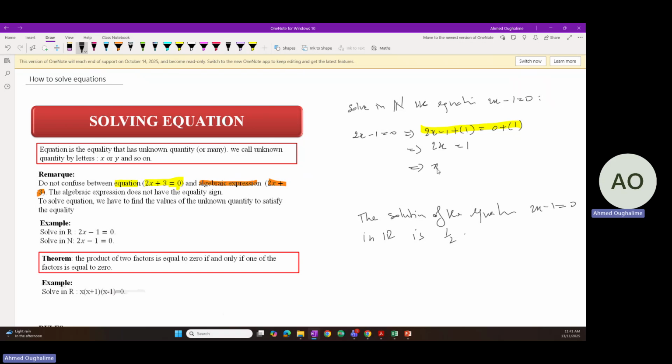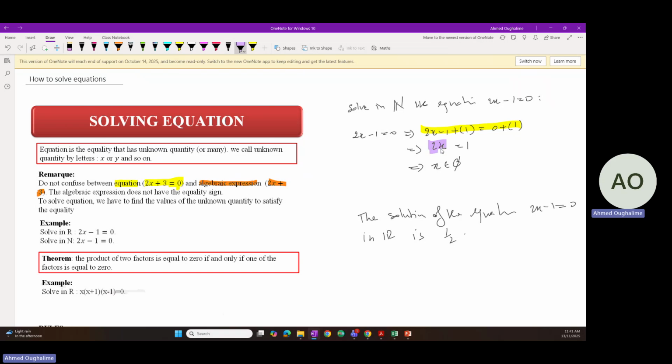This implies that x belongs to the empty set. I cannot imagine a natural number such that 2 times my natural number is 1, because 2 times a natural number is an even number. So 2 times any natural number would never be equal to an odd number.